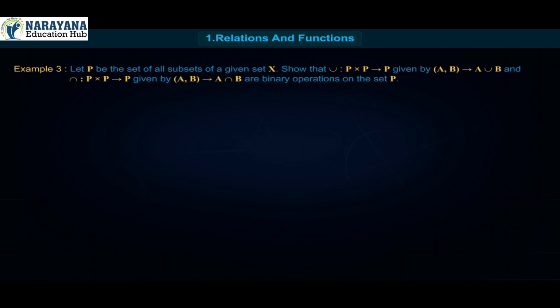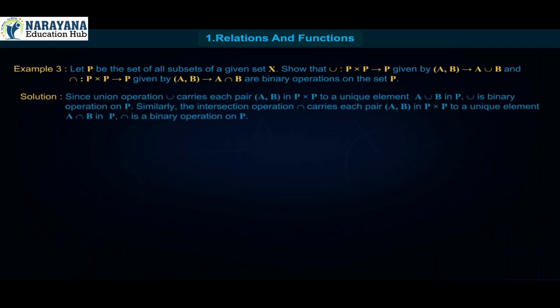Example 3. Let P be the set of all subsets of a given set X. Show that union from P × P to P given by (A, B) to A ∪ B and intersection from P × P to P given by (A, B) to A ∩ B are binary operations on the set P. Solution.